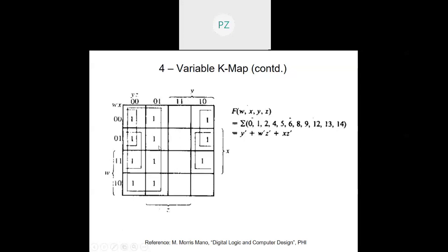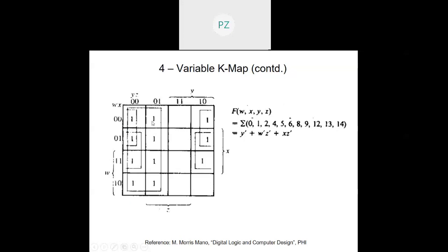After that, you have to look for the largest possible combination. So you see, the largest possible combination of ones is this one, and it contains 8 ones, and 8 is a power of 2, so I can combine it. I may not have combined 6, right?